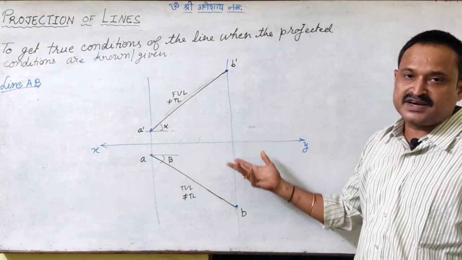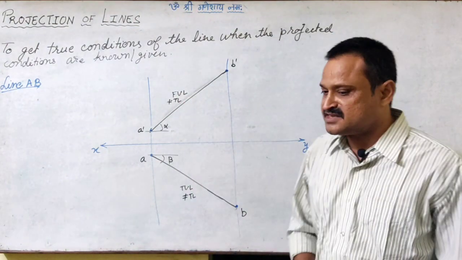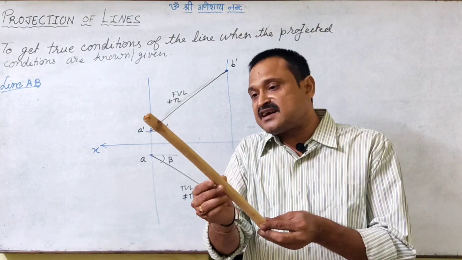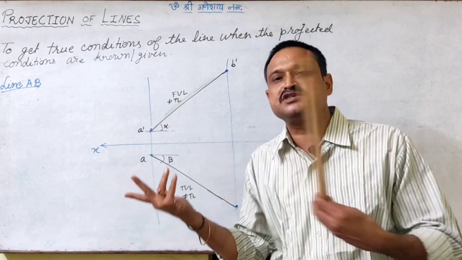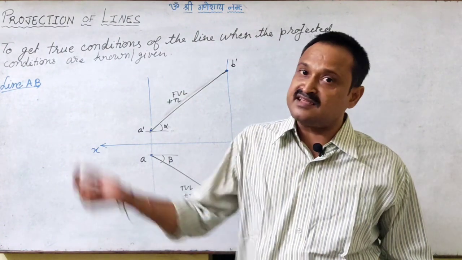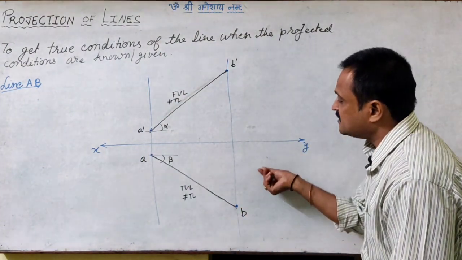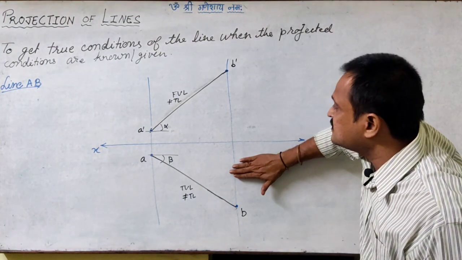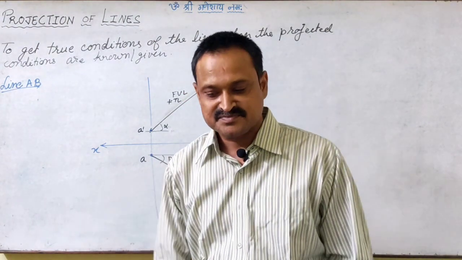So here we don't have the line, but we have its images. Now the thing is very simple. If I make this line parallel to VP, its top view image is going to get parallel to the XY line. Or I can think of it in other words: if I rotate the top view length and make it parallel to XY, that means in this condition, the line has become parallel to the vertical plane, right?